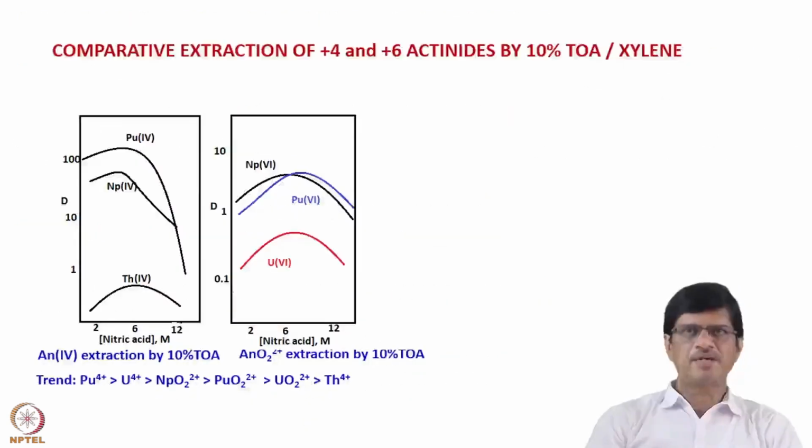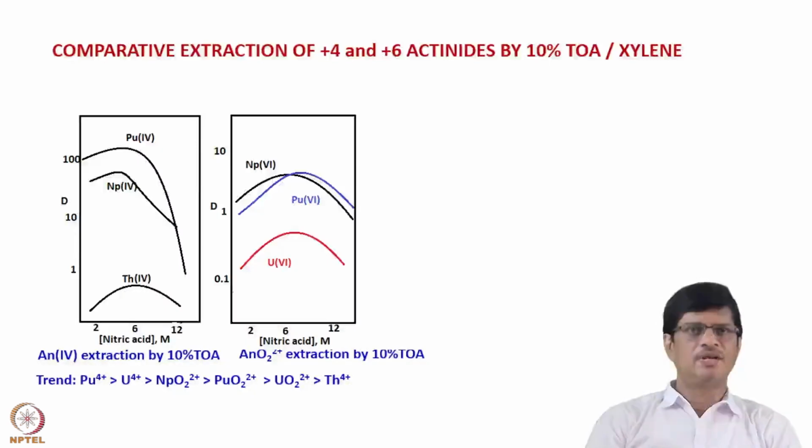Now the comparative extraction of the +4 and +6 actinides by trioctylamine with xylene as the solvent system, I have summarized here for both tetravalent as well as hexavalent actinide ions.